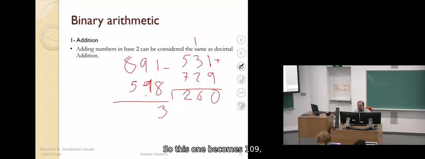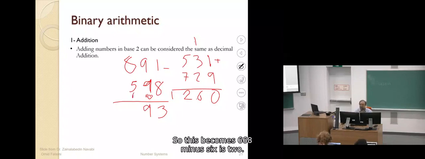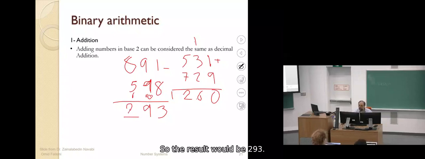So 9 becomes 10. 9 minus 10, again we have to borrow 1, so it is 19 minus 10. The result would be 9, but we have to add 1 here, so this becomes 6. 8 minus 6 is 2. So the result would be 293.